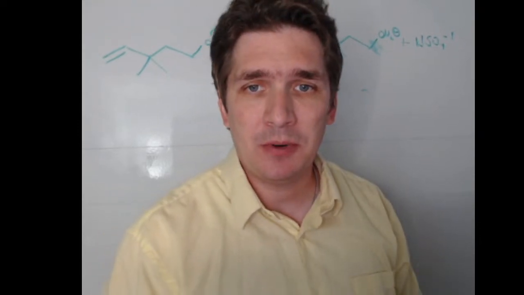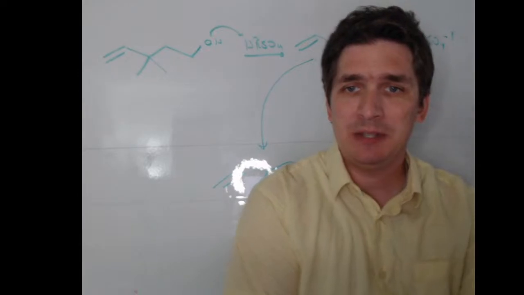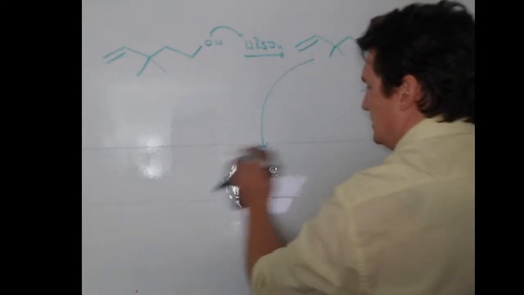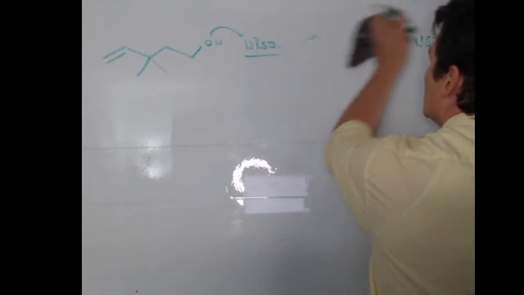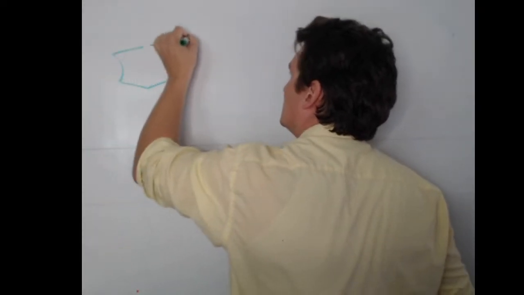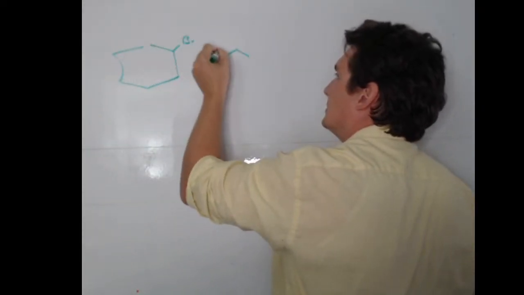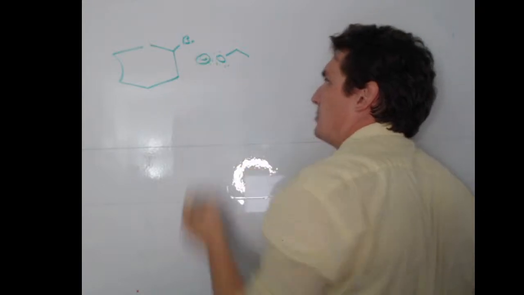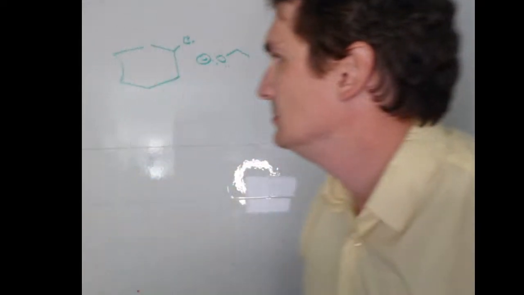Predict major products of the following reactions: cyclohexyl bromide with potassium ethoxide. Now we're going to play with a little bit of context here. We know that we are dealing with alkenes.